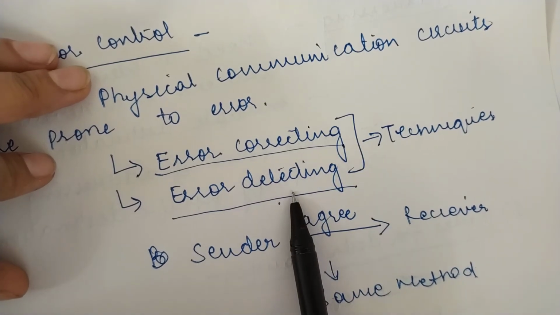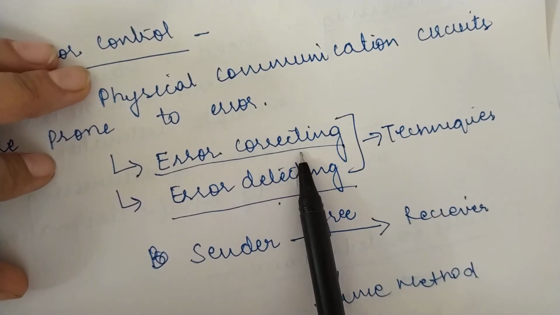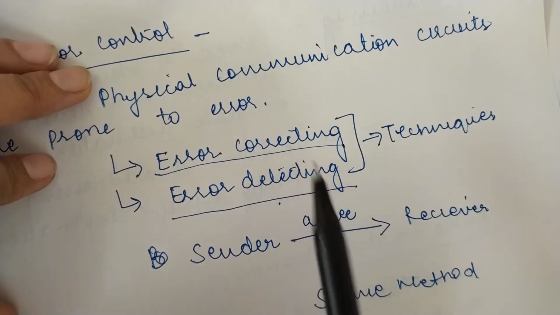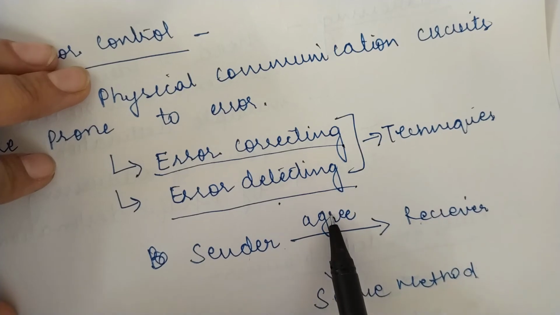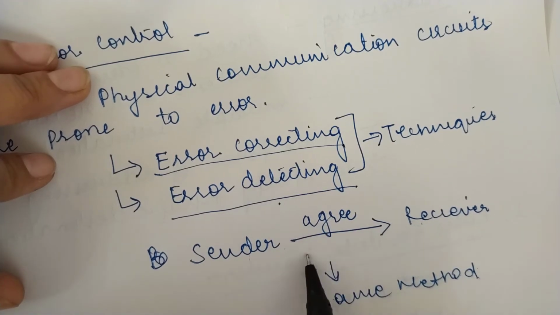Which one method would be used for error detecting and which one method would be used for error correcting, both the sender and receiver must agree upon the same method. So this is also yet another important issue.